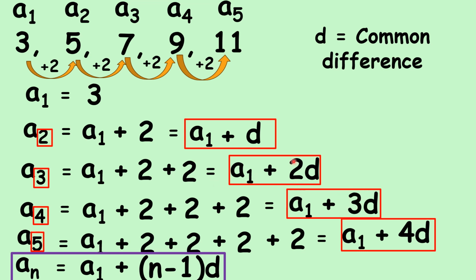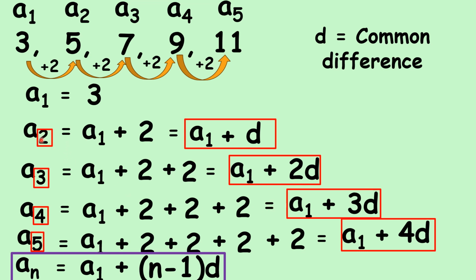Let's look at the same thing here. A3 is A1, that is the first term, plus 2D, that is 1 less than the term. And that's the same for each of them. So we can generalize and say AN is equal to A1, that is the first term, plus N minus 1 times the difference, which we have clearly established here.